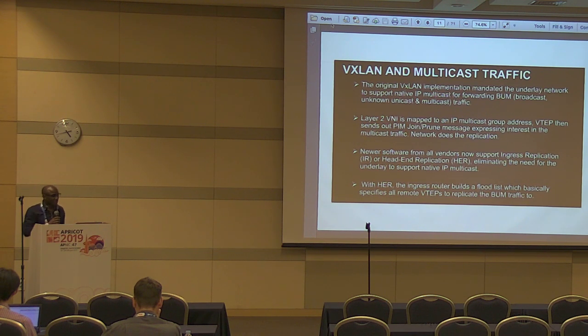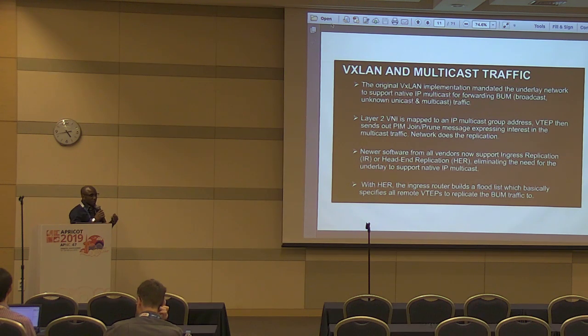However, with the newer version of software running on most of the vendors, they do support what they call Ingress replication. Ingress replication is also known as head-end replication. Basically, each of the Ingress devices, the VTEPs, builds what is known as a flood list.